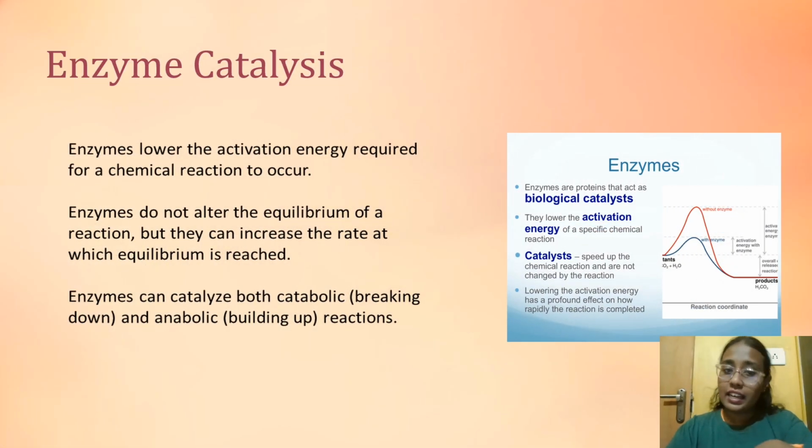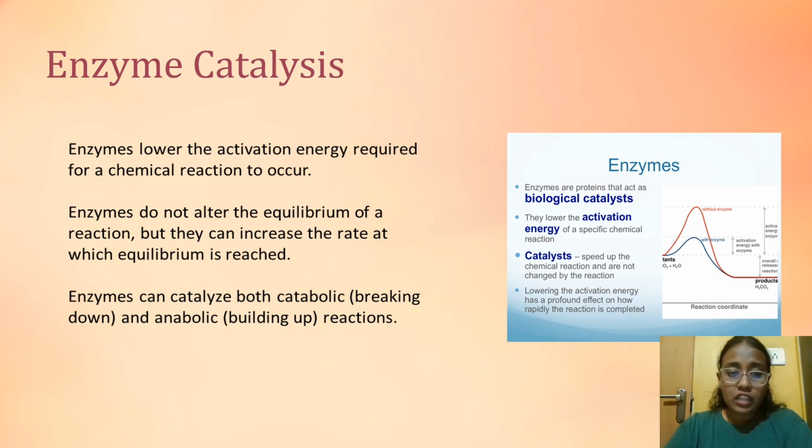Now enzyme catalysis. Enzymes lower the activation energy required for a chemical reaction to occur. They do not alter the equilibrium of the reaction, but they can increase the rate at which equilibrium is reached. Enzymes can catalyze both catabolic and anabolic reactions.